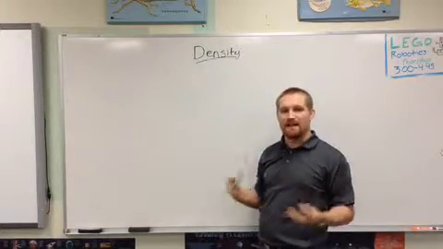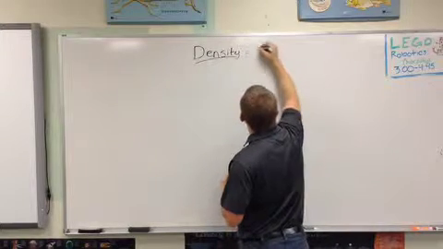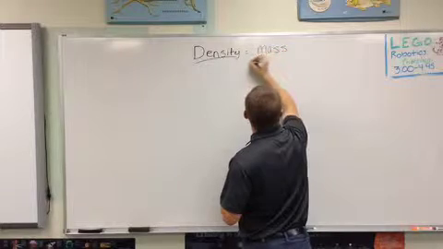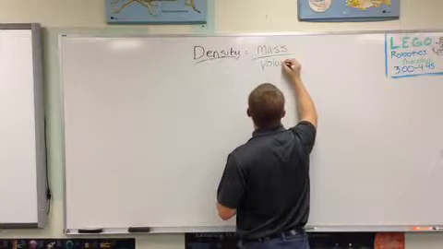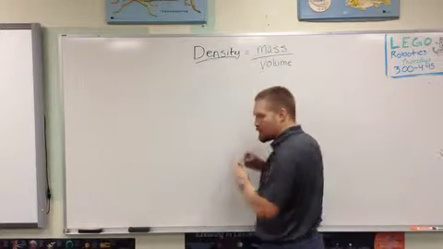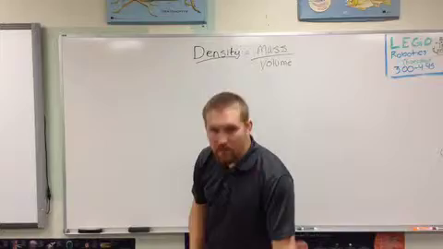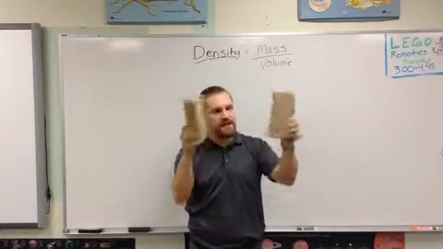So the way that we calculate density is by dividing the mass of something by its volume. Okay? So for instance, I have these two bricks. They're both about the same size.